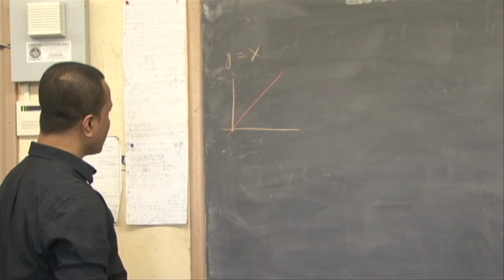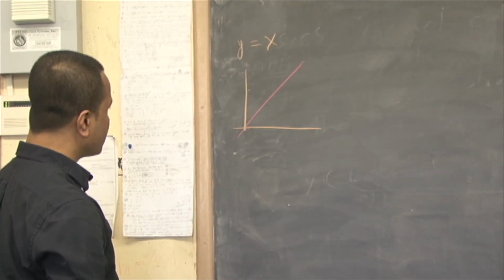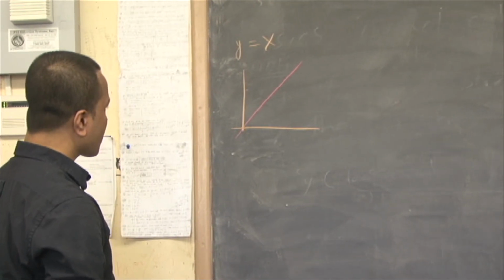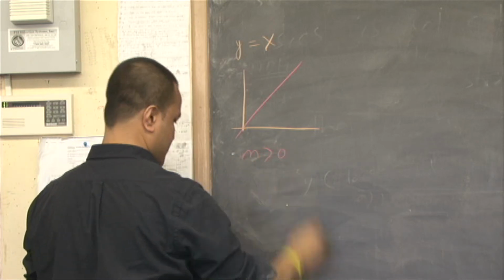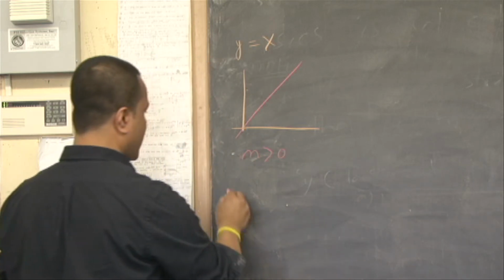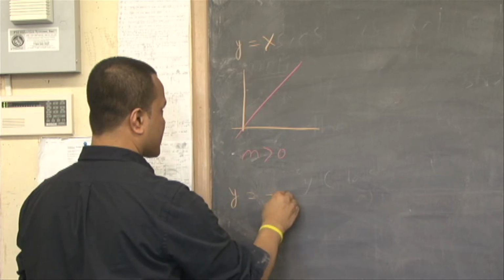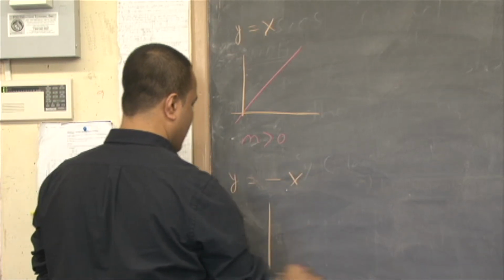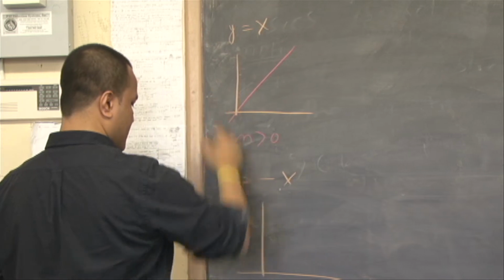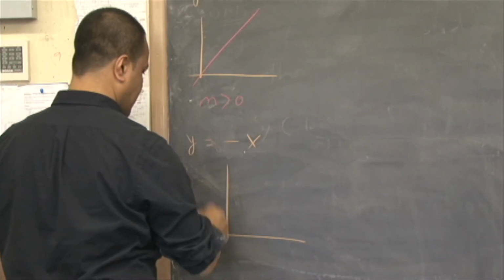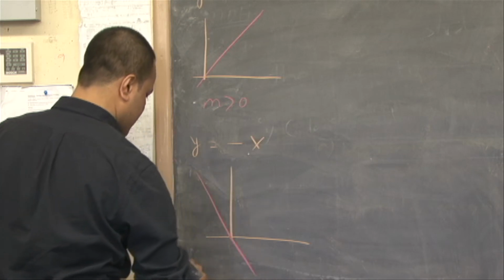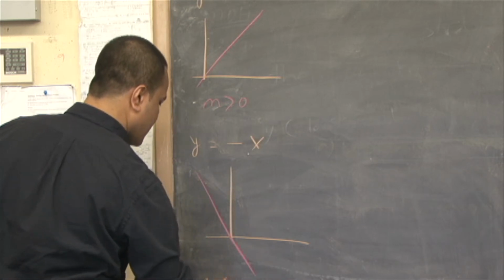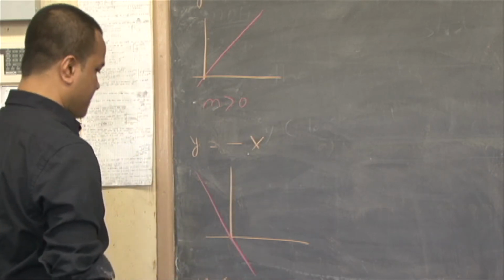It's 45 degrees, and the slope is positive. What about y is negative x? Then the graph is the other way around, and the slope is less than 0, which is negative.